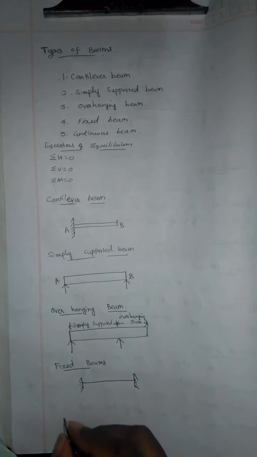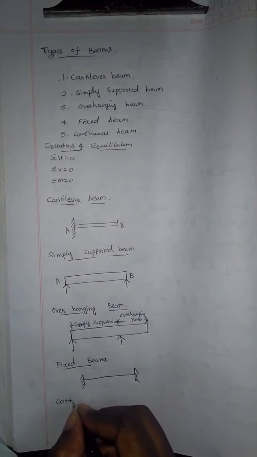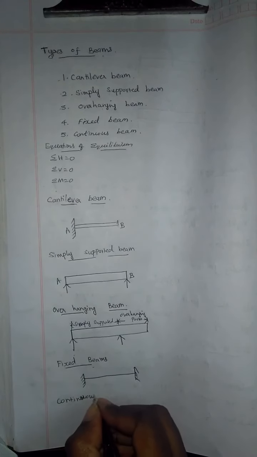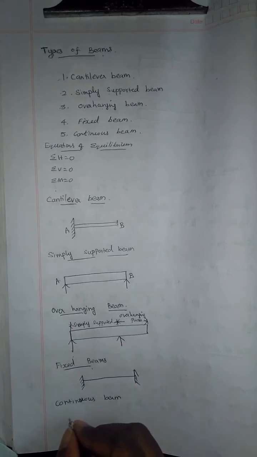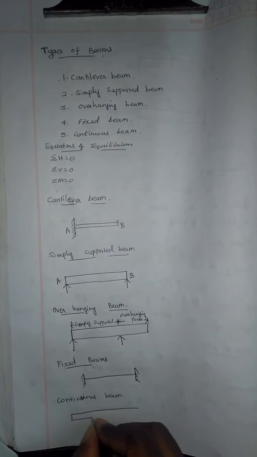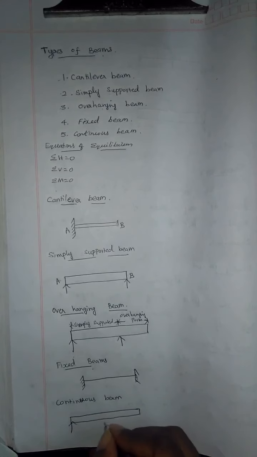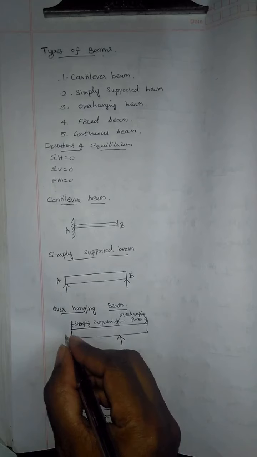And then the continuous beam, the last type of beam. If the beam has more than two supports, then we'll call it a continuous beam.